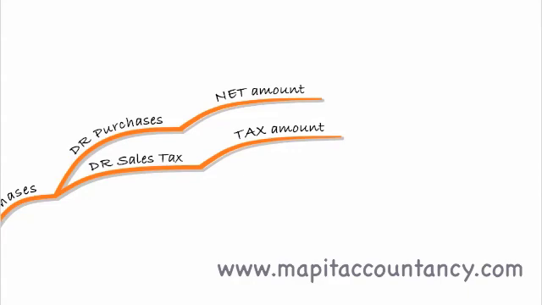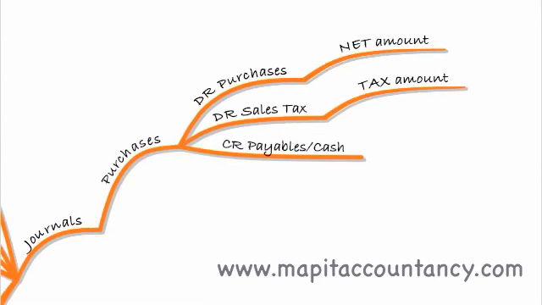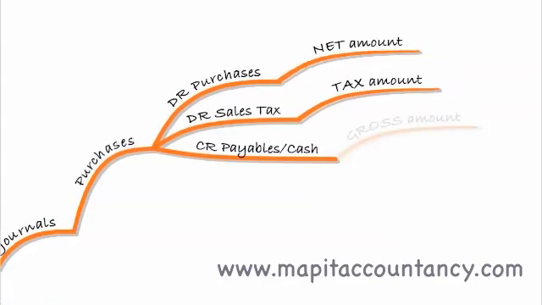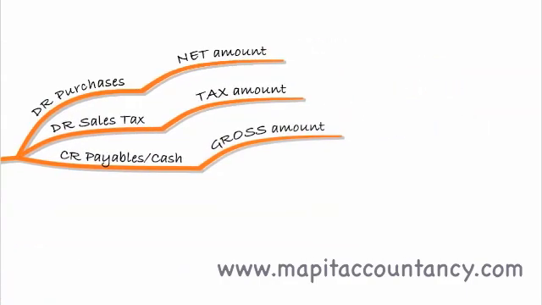We debit the purchases with the net amount, and we debit the sales tax with the tax amount. Then we credit either payables if we haven't actually paid it off yet, or cash if we paid in cash, with the gross full amount. So we split the debit between the purchases and the sales tax, and we credit the payables or cash with the gross amount.